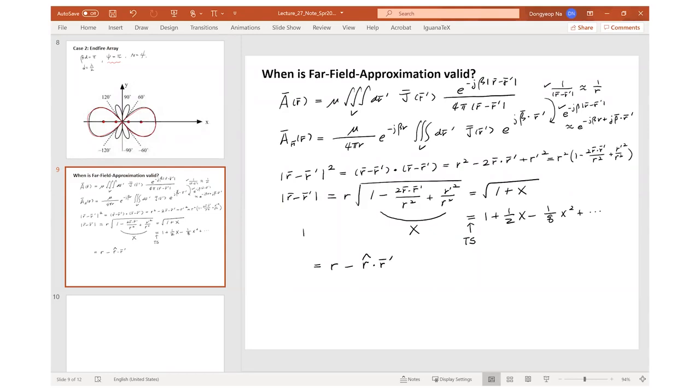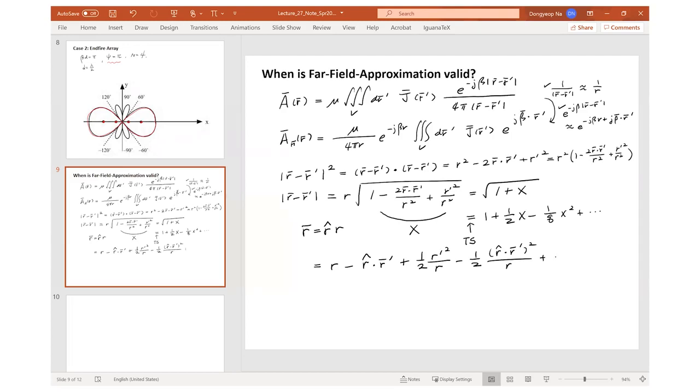By the way, r is r hat times r, where r hat is the unit vector, plus 1 over 2 r times r dash squared minus 1 over 2 r times r hat dot r dash squared.